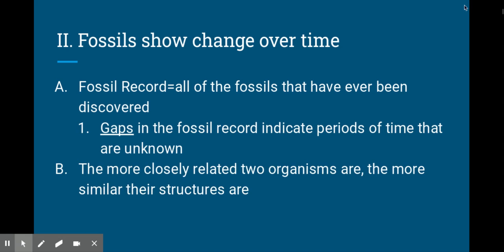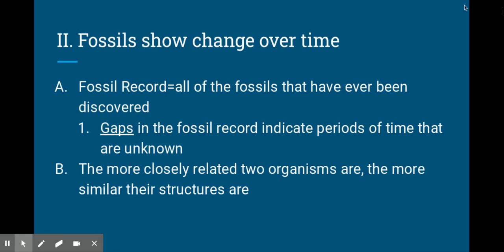So the fossil record, should all be review for you, just says that all of the fossils that have ever been discovered are all in one place and they're all put in order. We do have lots and lots of gaps in the fossil record for periods of time that we don't really have evidence of what lived or what an organism might have looked like in this intermediate gap of time.